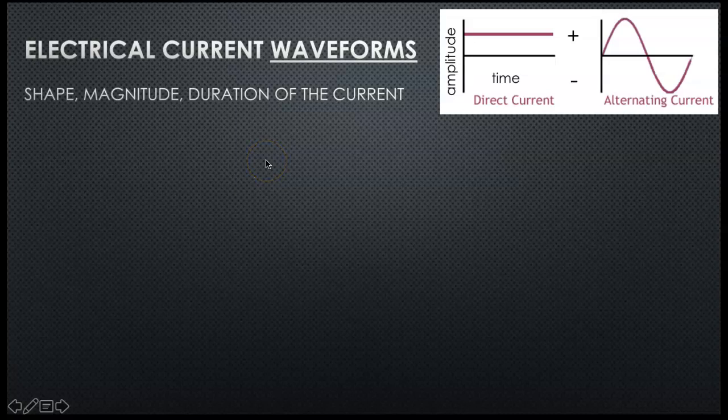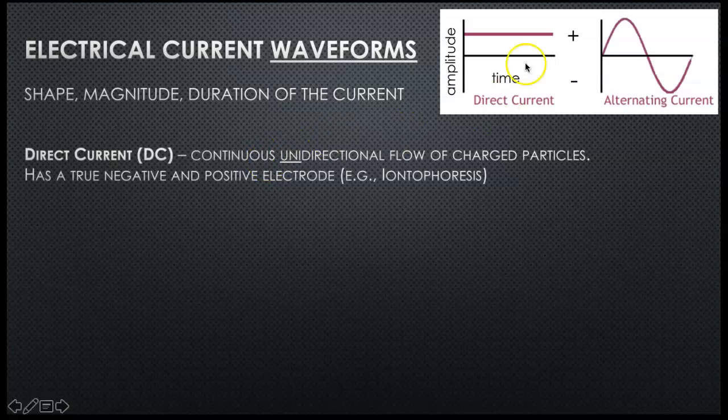So for instance, a direct current, which is pictured right here, is continuous. It only flows in one direction. See, it's up here, only on the positive side. It's going to stay positive, and it's a continuous flow of charged particles. So when we do direct current, it has a true negative and a true positive. You'll need to know that later.